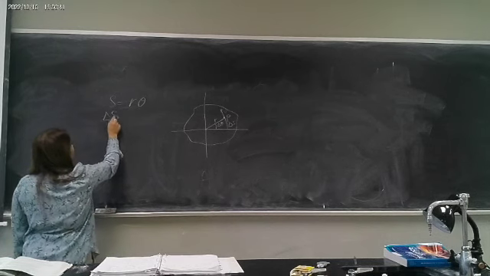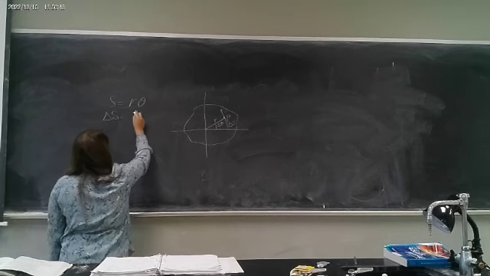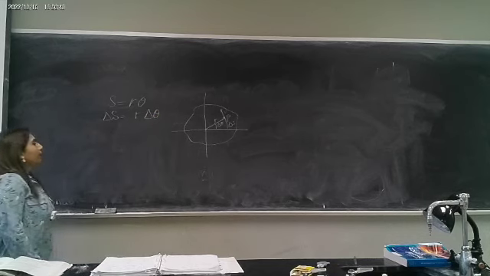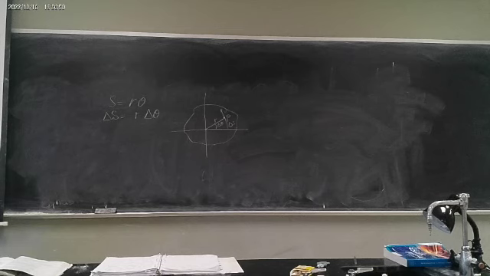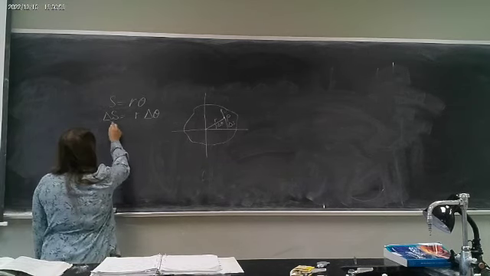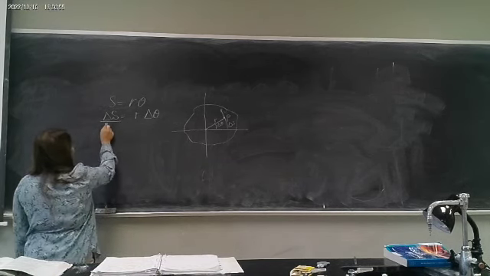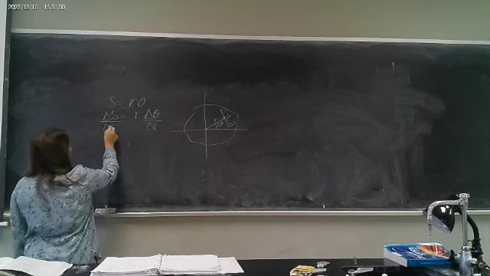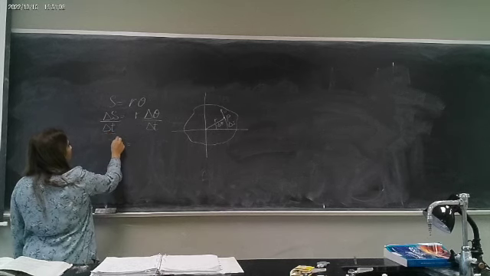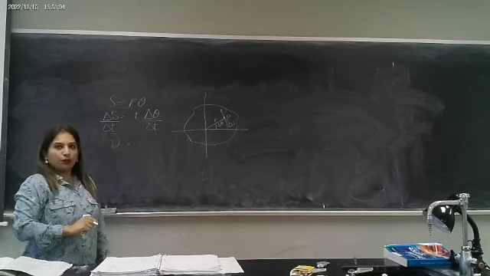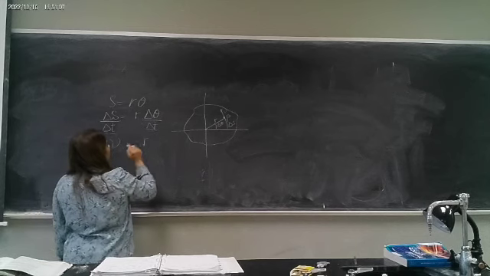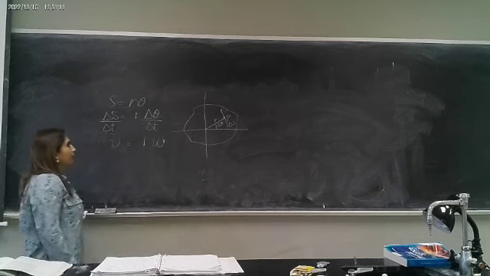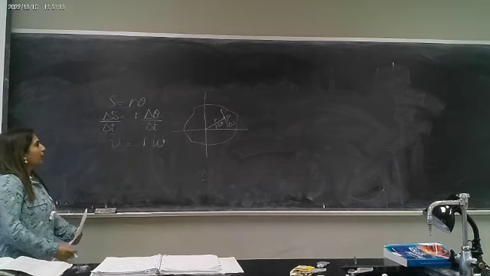When s changes and theta changes too, dividing both sides by delta t, this becomes equal to the speed, distance over time, equals r times omega, the rate of change of angular displacement.